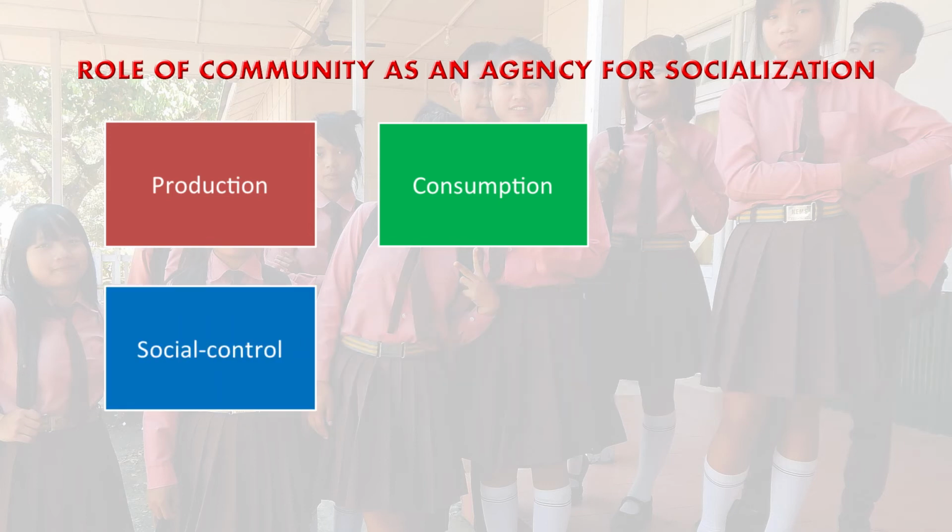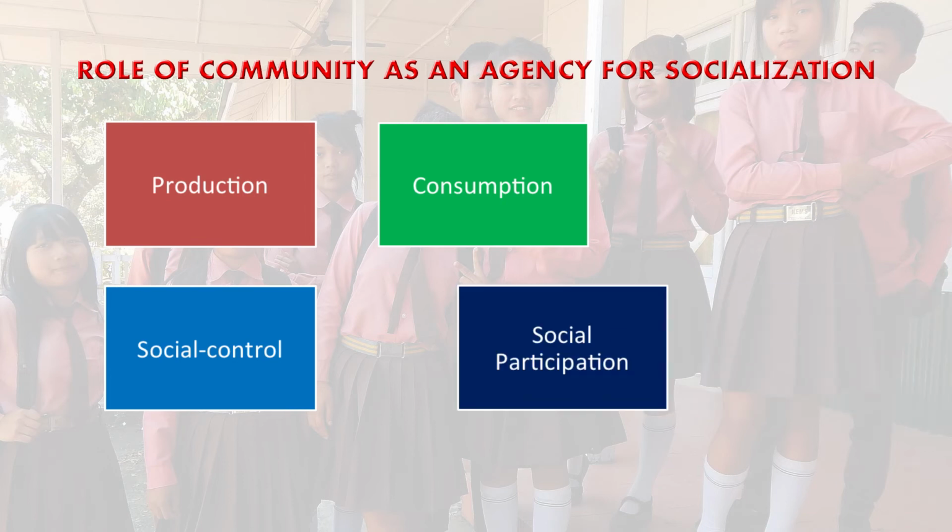Then socialization. When children are involved in such types of family related activities and community related activities, just like in production and consumption, they become socialized. They understand social living, and they develop the right attitude to make them socialized. And further, social control.